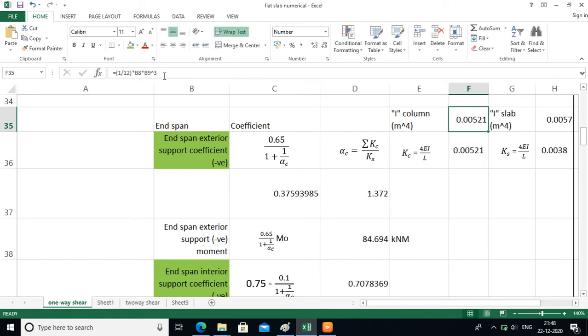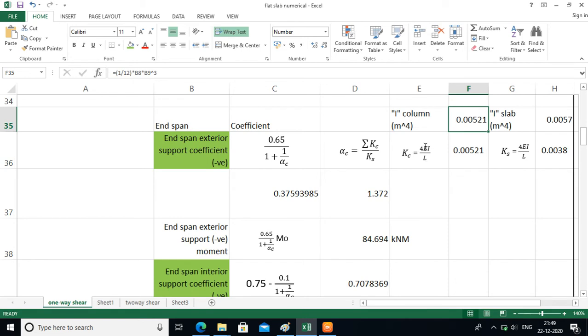When we put the values of b and d in this formula, we get the moment of inertia for the column as 0.00512 meter raised to 4. Here I have calculated the moment of inertia in terms of meter raised to 4, not mm raised to 4. So by using this we get the moment of inertia I.